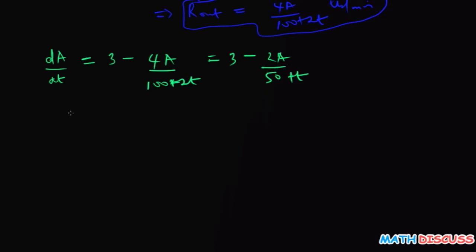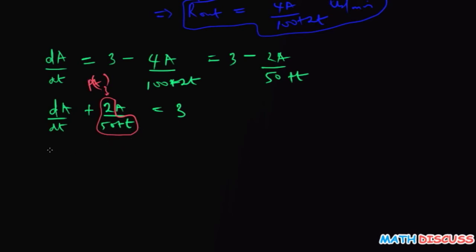So you collect like terms. You have dA/dt plus 2A divided by 50 plus t equals 3. We've already gone through how to solve linear equations here. So here is representing our p of t in solving a linear differential equation.